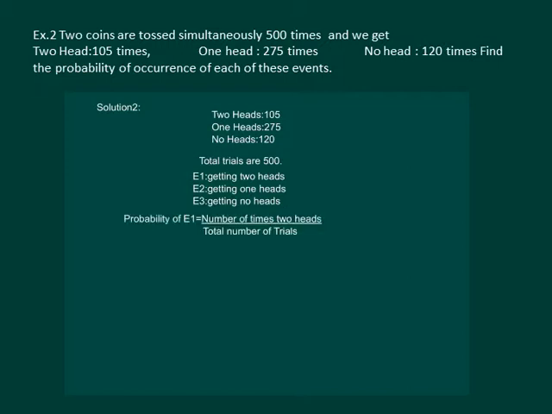Then the probability of event E1 is equal to the number of times two heads appear by the total number of trials, which can be written as P of E1 equal to 105 by 500, which is equal to 0.21.